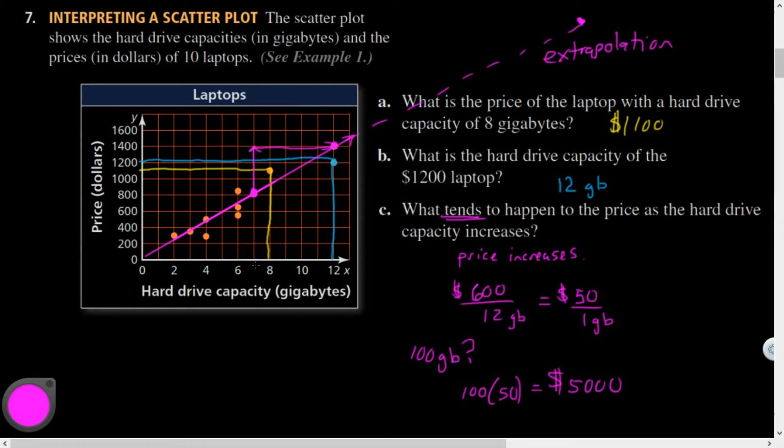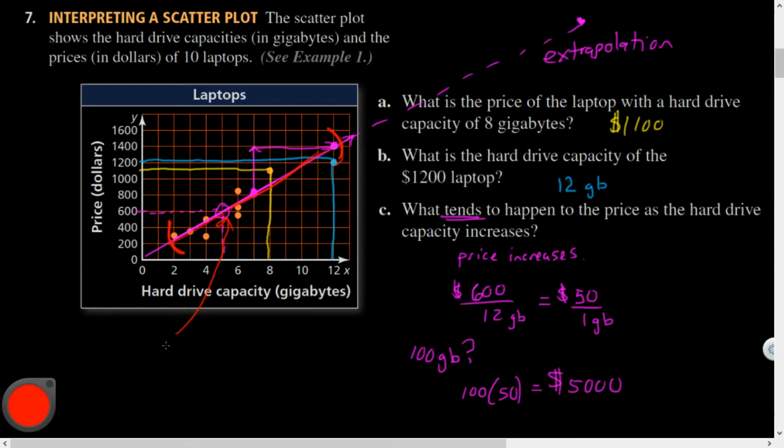And if I was making a prediction like how much would a 5 gigabyte hard drive cost, right? If I wanted to read off the line there, I'd say that would be about $600. That, because it's between my data set, like my data occurred here to here, and since this is between my data points, I'm making a prediction within the range that I had.